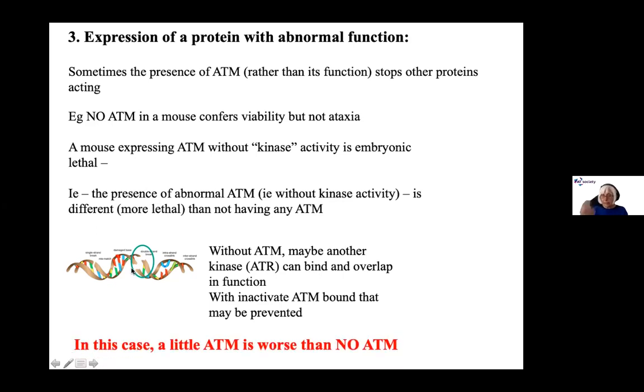So in this particular case, a little ATM is worse than no ATM. I'm not aware that there's patients that are exactly like that, but there may be, and there is some evidence of individuals with AT who can be worse off than if they didn't have any ATM.